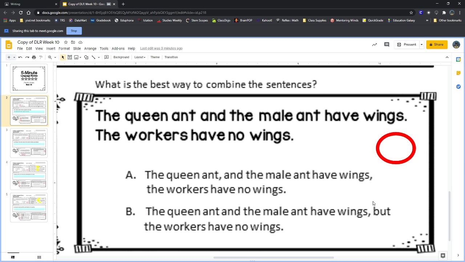And they chose to use the conjunction but because they're showing an opposite. Some of the ants, like the queen ant and the male ant, have wings so they can fly around. But in the opposite of that, the worker ants have no wings. So my answer for today should be B. They do have a comma and conjunction here in answer choice A. They just have it in the wrong place.